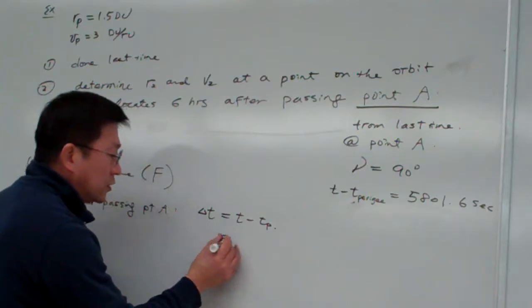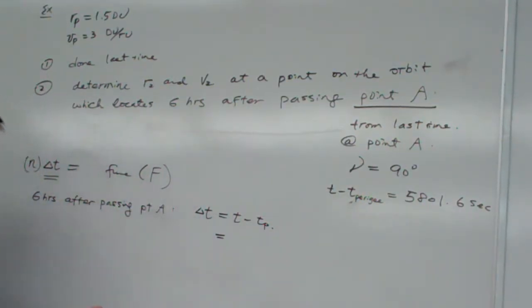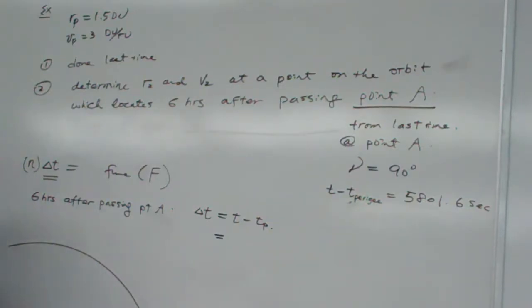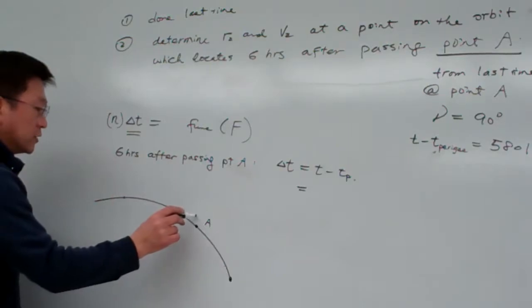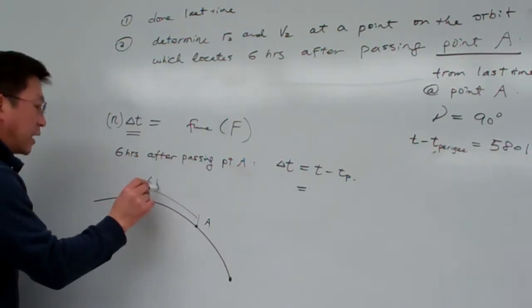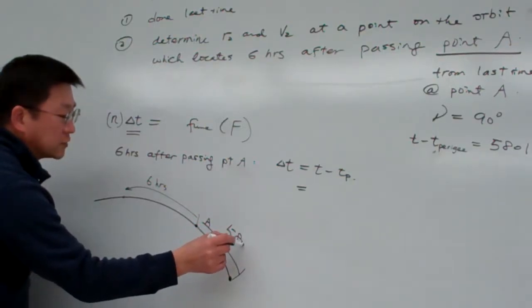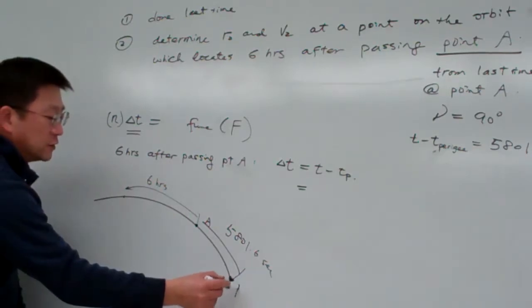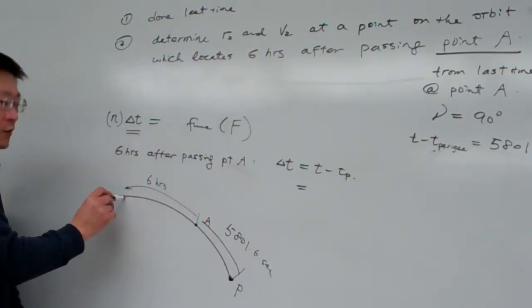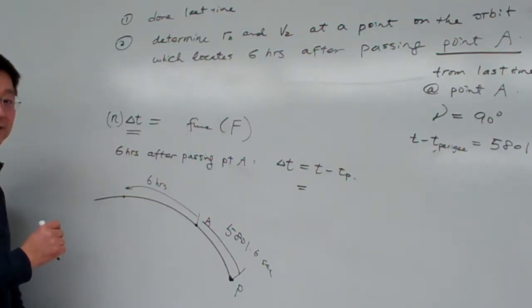Basically, the travel is this: if this is the orbit, this is the perigee, and this is the point A. From point A to the current position here, we spend another 6 hours, and from point A to perigee here, that is 5801.6 seconds. So in total, from perigee to this current point is the summation of the two periods of time together.